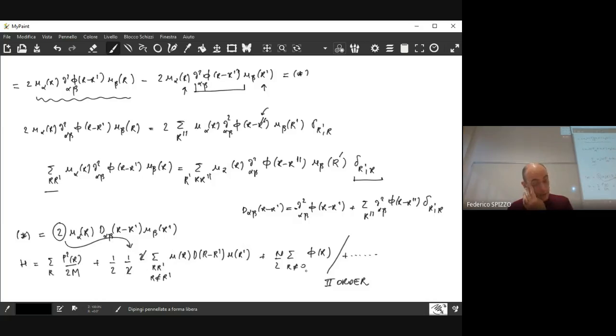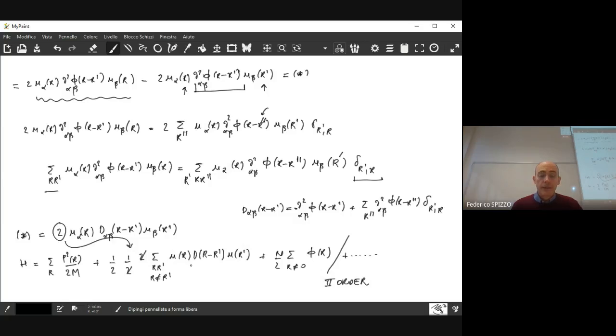So we stop this Taylor expansion at the second order, and this will be fine for the investigation of the properties of the solid in a range of temperatures that goes from close to 0 Kelvin up to room temperature, or even some hundreds of degrees just above room temperature.